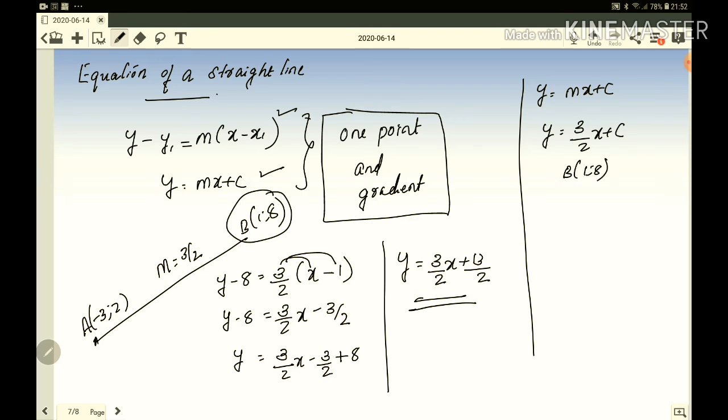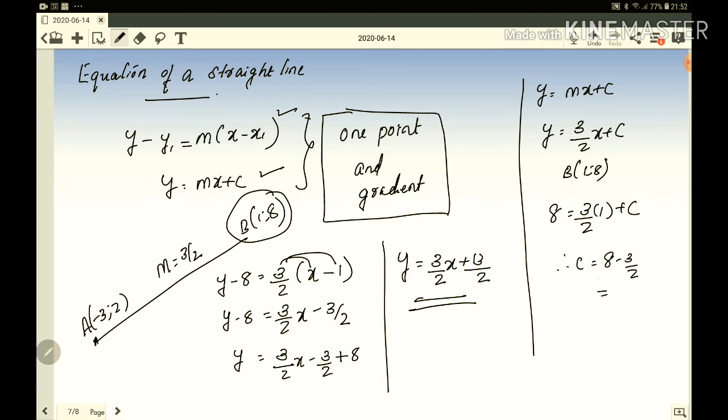Both are positive, that is why it is better to choose the one having a positive x value and positive y value. Then substitute. Since this point is on that line, we can substitute. The y value becomes 8 is equal to 3 by 2, x value is 1, plus c. Clear? Therefore, we can find the value of c is equal to, send 3 by 2 times 1, which is 3 by 2, to the other side: 8 minus 3 by 2.